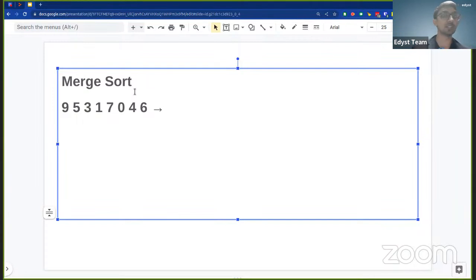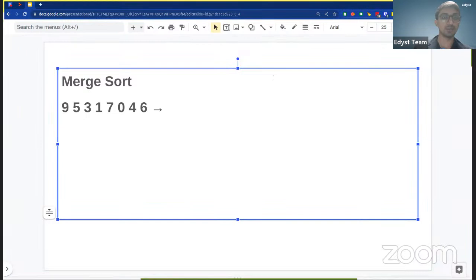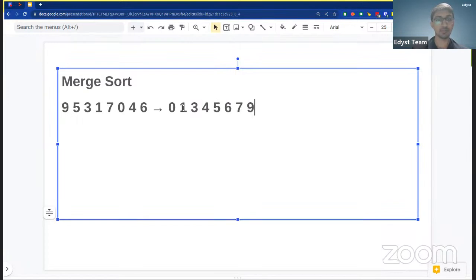Can you give me the sorted version? Okay, this is the sorted version, right? Now we'll look at merge sort. How does merge sort sort this?